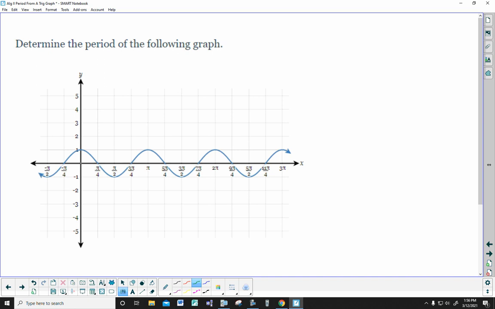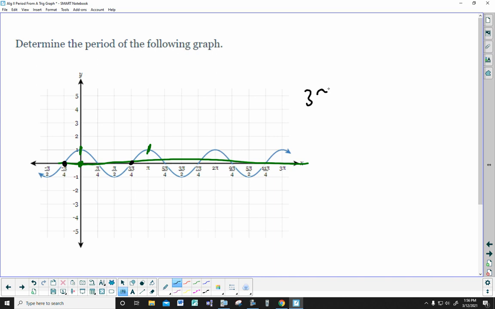Peak to peak. Doing the midline on this one doesn't really work here. This is the midline, but looking at it, no, it's not a value there. So I'm saying peak to peak. There you go, it's pi. There's no subtracting that has to happen. To do the midline, you'd have to go from this point, skip one, to this point.